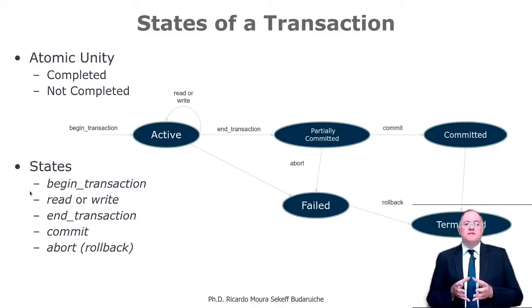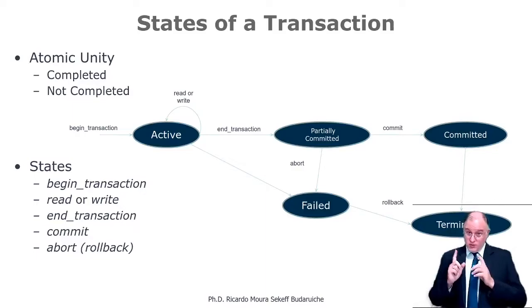To control this kind of failure, the concurrency control keeps the transaction state, as the diagram shows here. Every transaction must be in one of these states. The read-write operation must always lead a transaction from an active state to another active state. When the transaction is complete, its state is changed to partially committed because it's not stored in the disk yet.